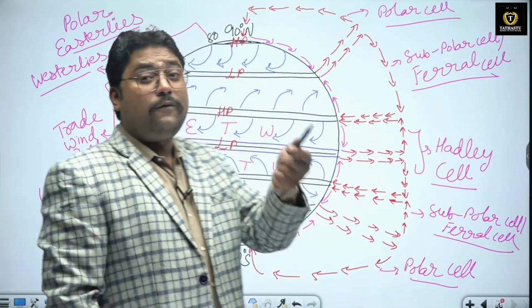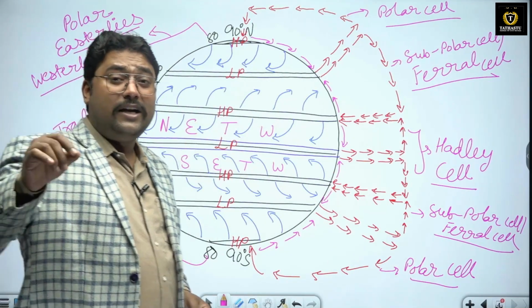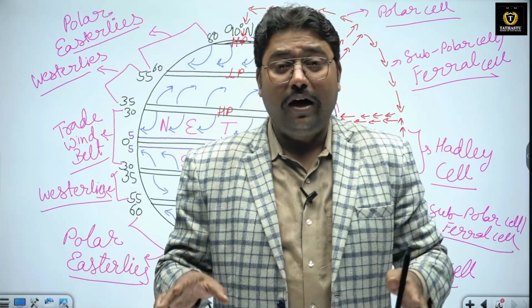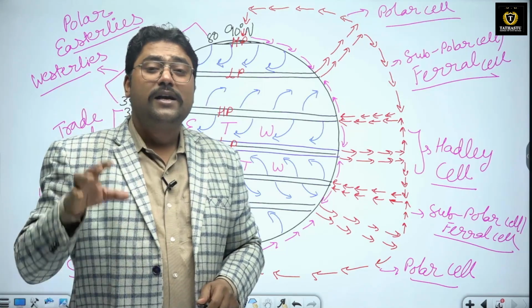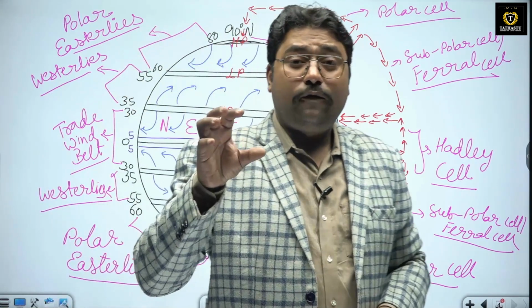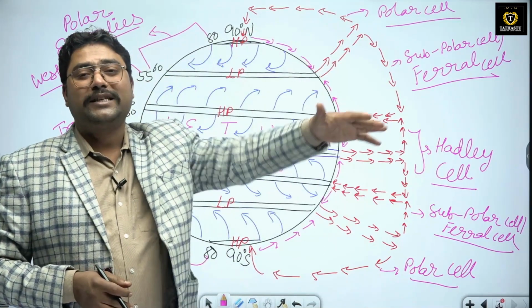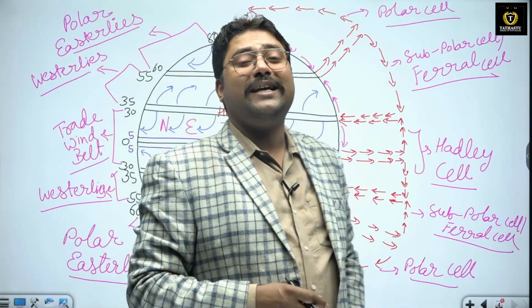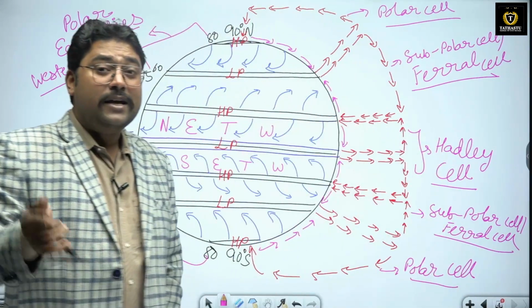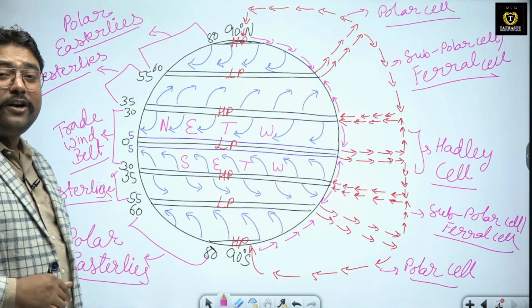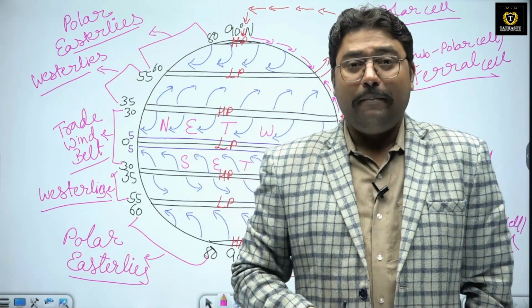So the speed of westerlies increases in southern hemisphere, and due to which the westerlies are known by different names, like on 40 degrees south, roaring 40s, 50 degree furious 50s, and 60 degrees south, screaming 60s, only in southern hemisphere.